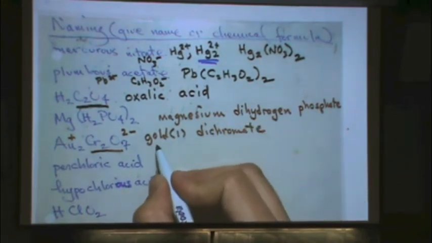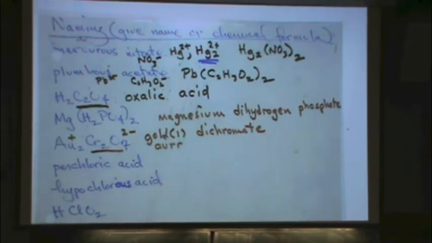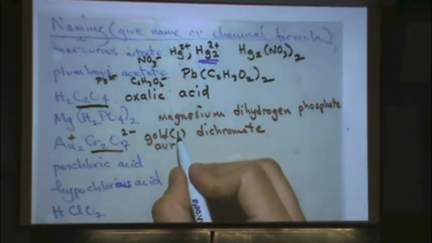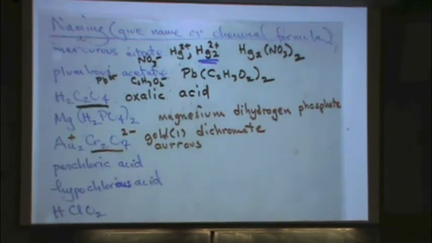Or instead of gold 1, you could write aur-, what suffix? Yeah, ous, it's the lower charge, aurous dichromate. What's the lower charge for gold? It's 1. What's the higher charge? Yes, 3.